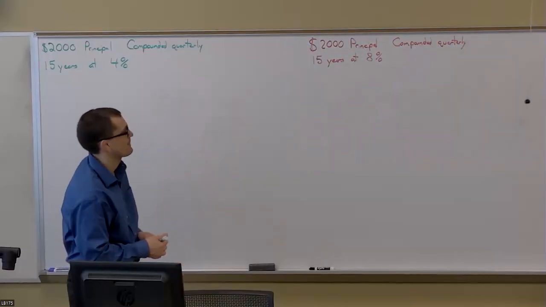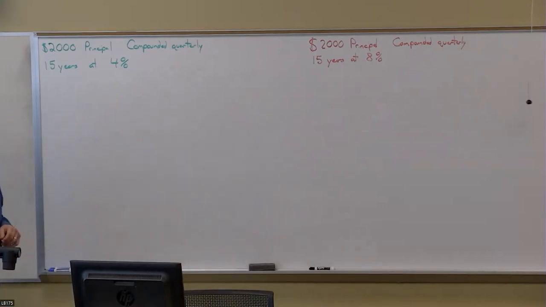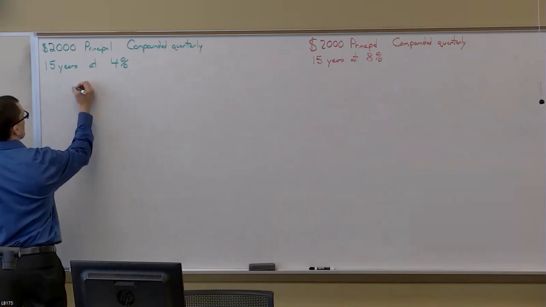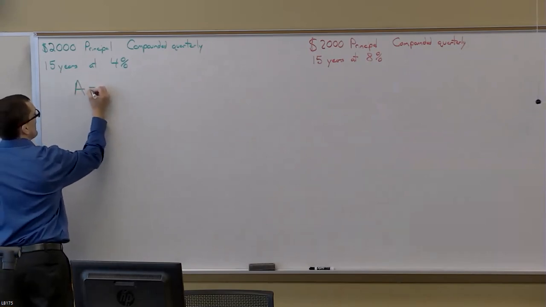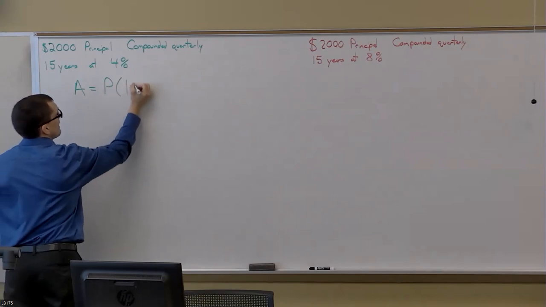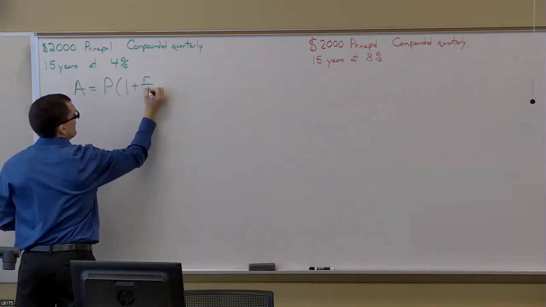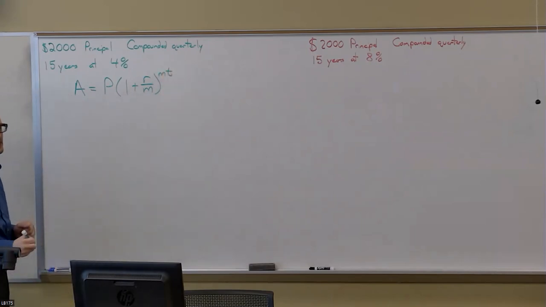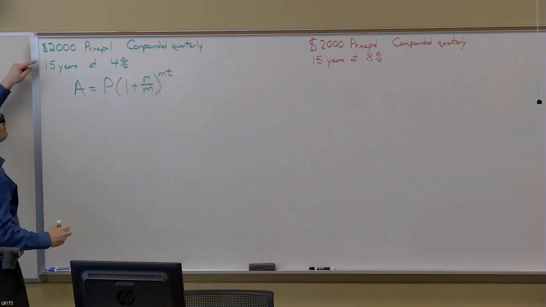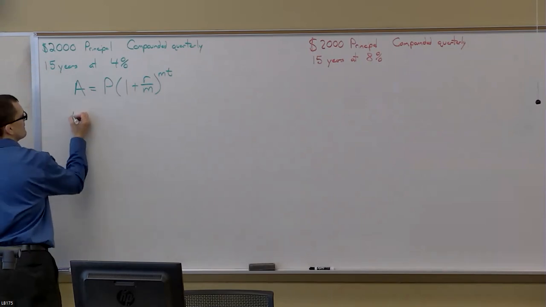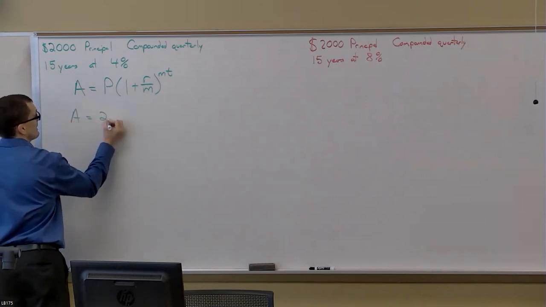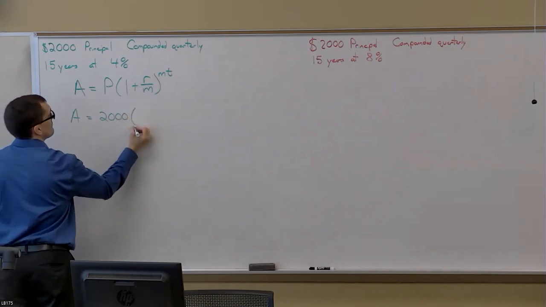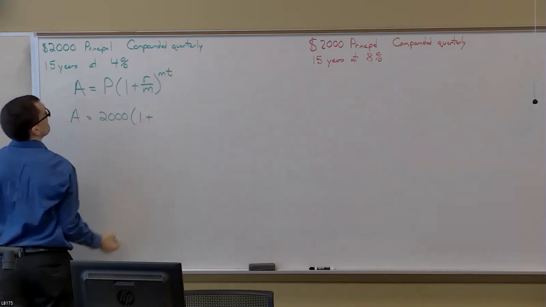All right, so let's do both of these. People are doing well on that. So we have A equals P times 1 plus R over M to the MT. That's our formula. In that first bullet point, the principal is $2,000. That's our starting amount that I input.